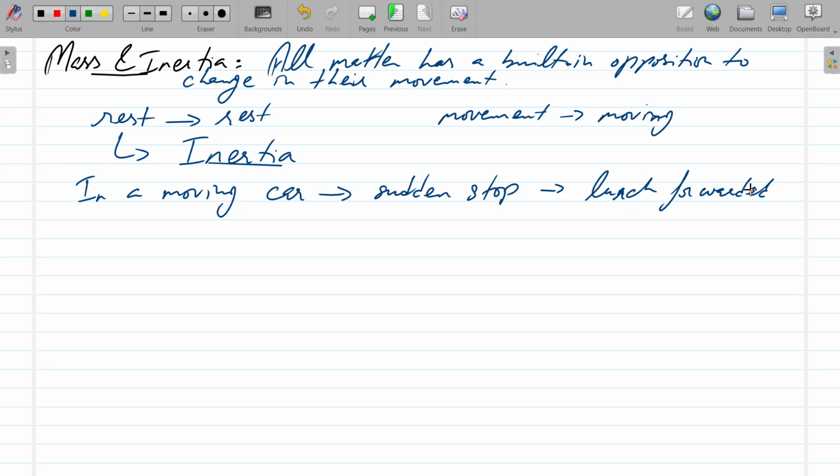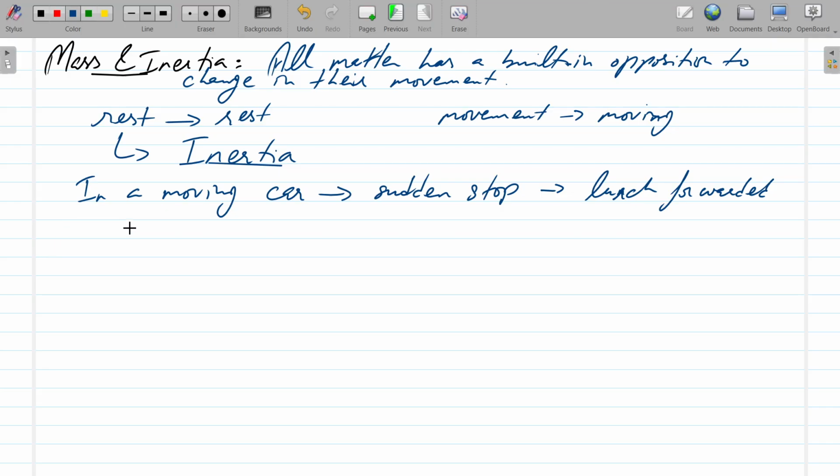Yes, sir. And so what's actually happening is, because the car is moving in a certain direction, even though you're seated in the car and you're not the one moving, so to speak, you are actually moving because the car is moving and you're inside the car.